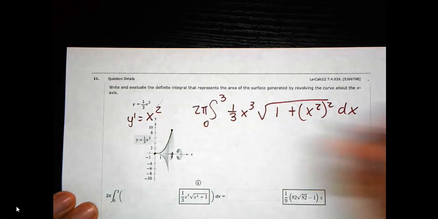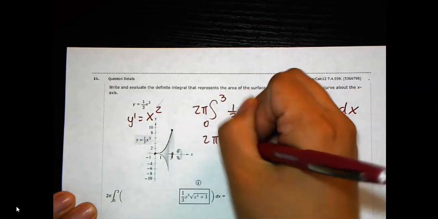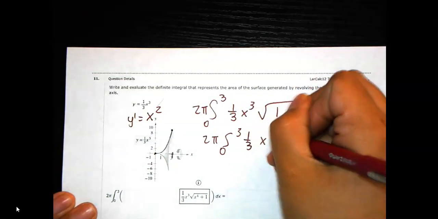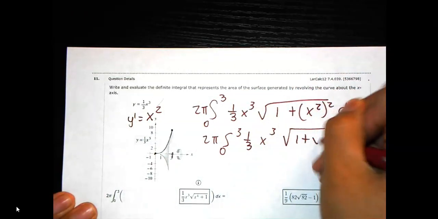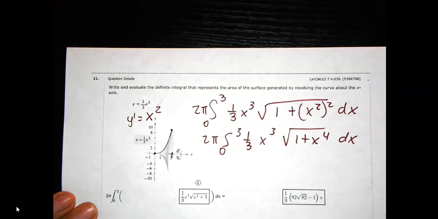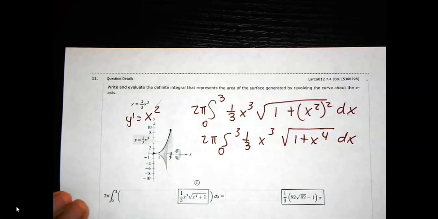So from 0 to 3, 1/3 x cubed, square root of 1 plus x to the 4th, dx. This is what we need to integrate, okay? Remember, we use substitution, okay? Let me get paper.